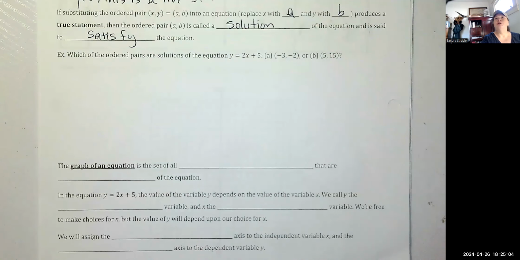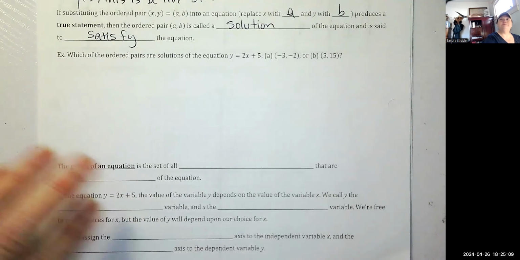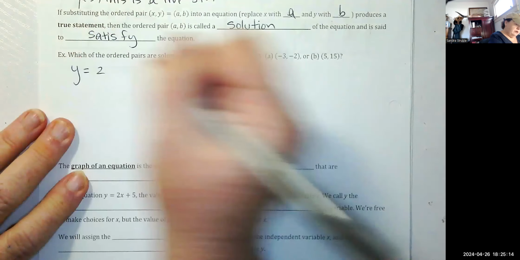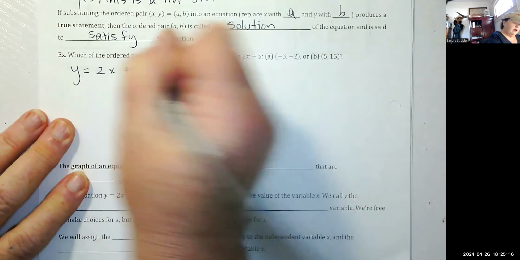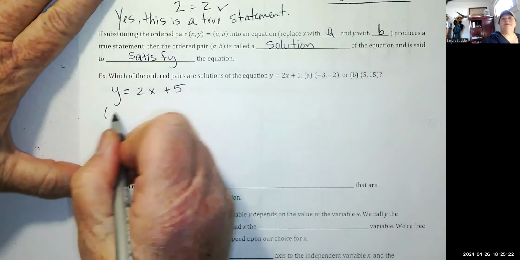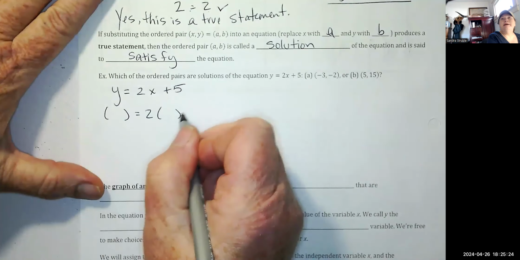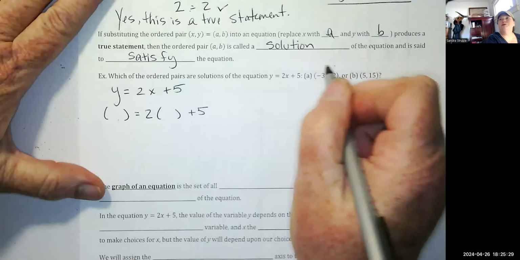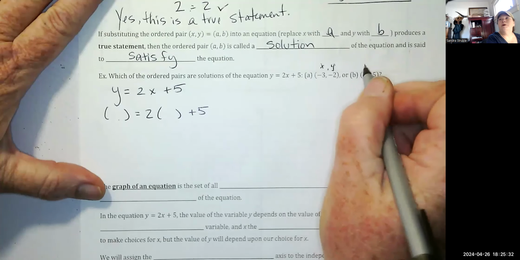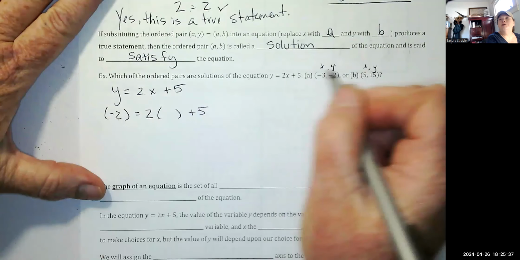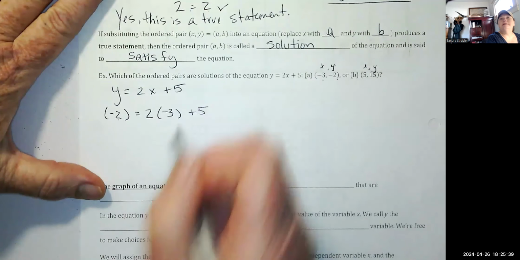Which of the ordered pairs are solutions of the equation? So the equation is y equals 2x plus 5. What might make this easier for you is to leave a space, equal, space, plus 5. So where that y is, you're going to put, well, these are in xy form. You're going to plug in the -2 where the y is. And you're going to plug in the -3 where the x is.